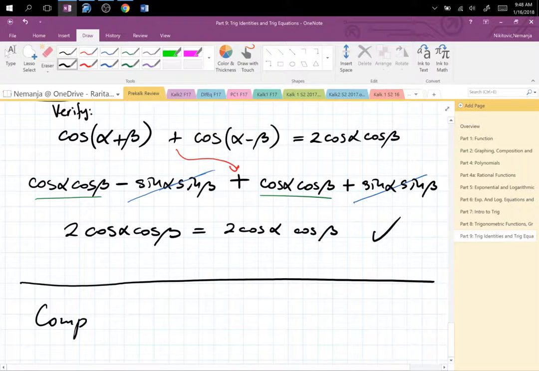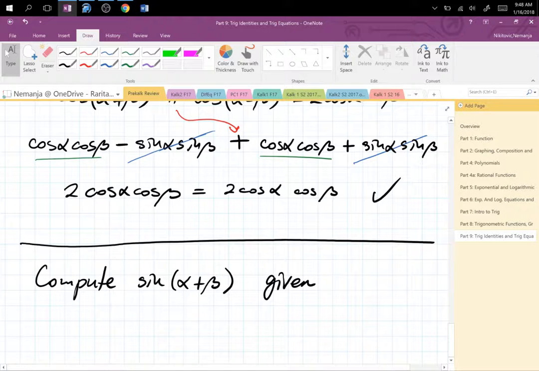Compute sine alpha plus beta given, and now let's say 58. This is what they give you.